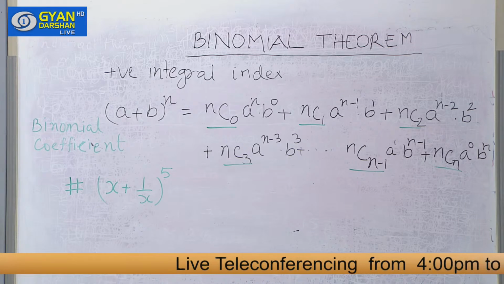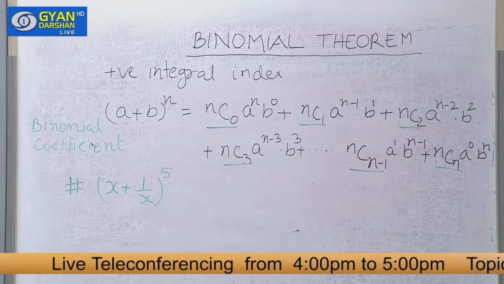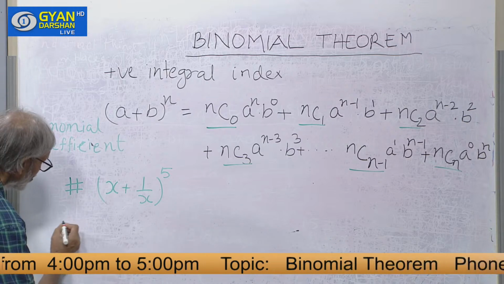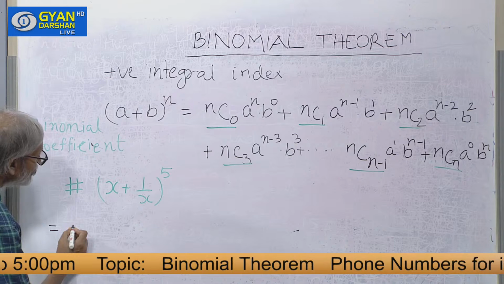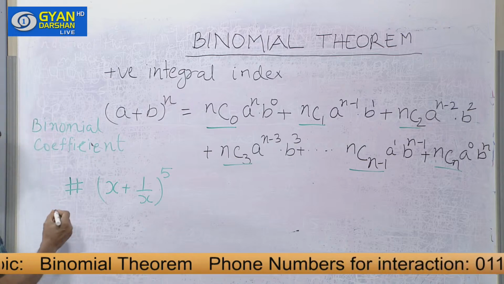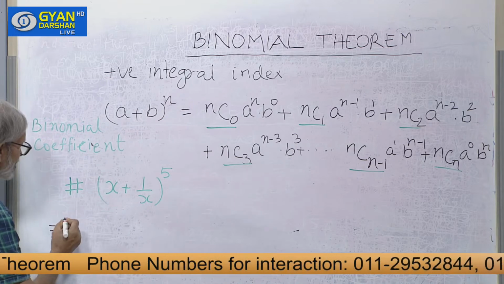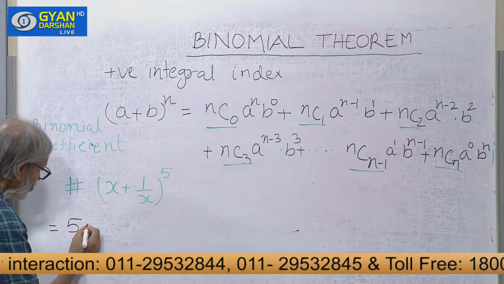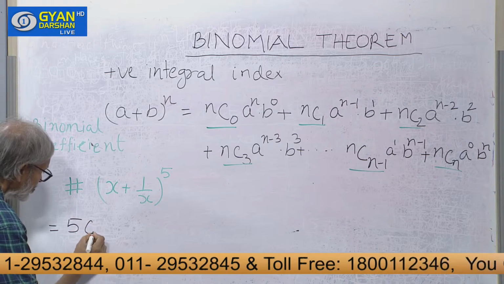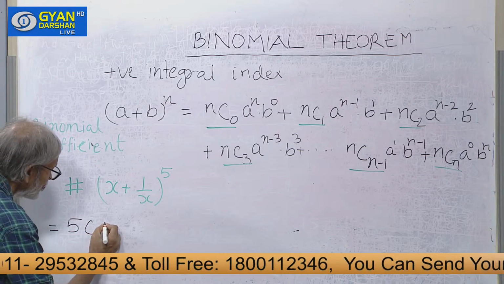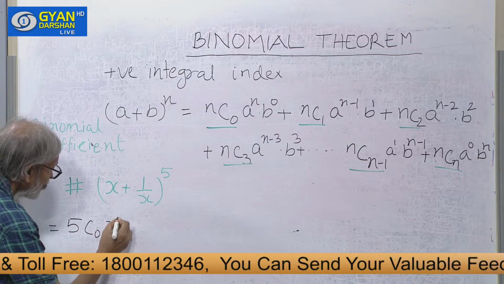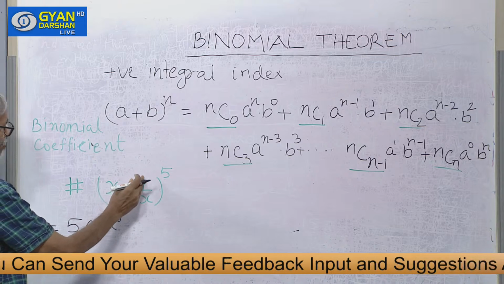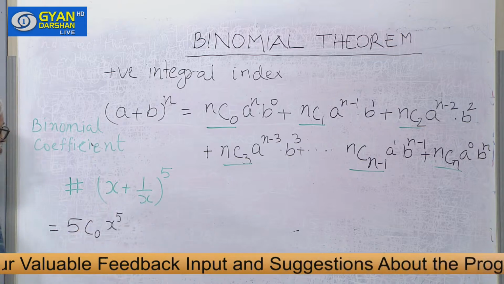Now you can do its binomial expansion. It will be equal to, say we start with nC0, n is 5 here. So, 5C0 and then x to the power 5 and (1/x) to the power 0, which will equal 1.